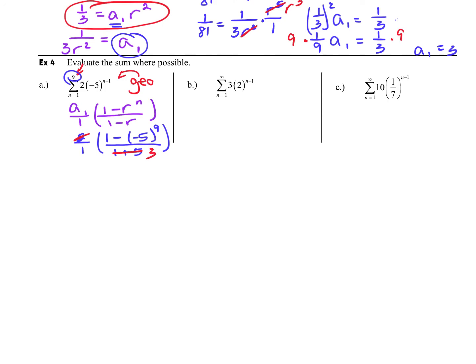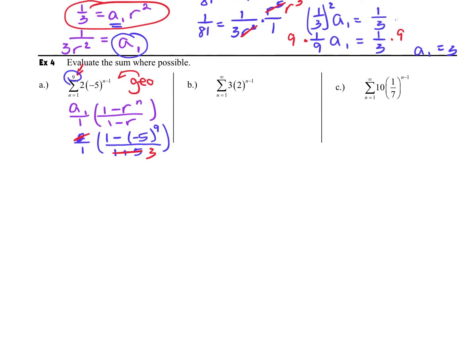Okay, now when I clean that up, then I can just type this whole thing into my calculator here. And this is going to turn out to be something negative. So I'm going to have really a 1 plus a negative 5.